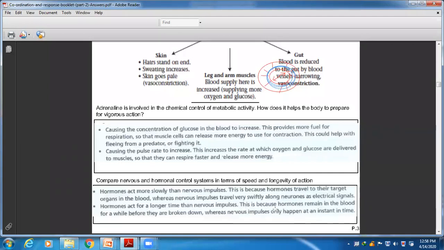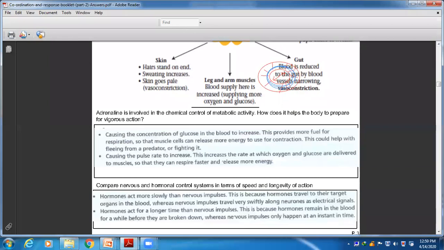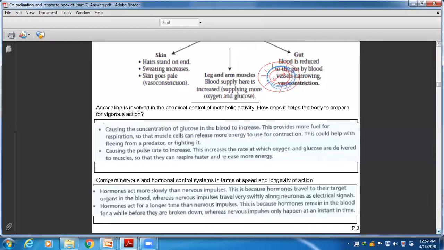This is because hormones remain in the blood for a while before they are broken down, whereas a nerve impulse only happens instantly. Hormones remain in the blood and take time to reach their target organ, whereas the impulse travels through the neuron like an electric current at a very high speed and does its action. Hormones bring a long-term effect in the body, while impulses bring a short-term effect.